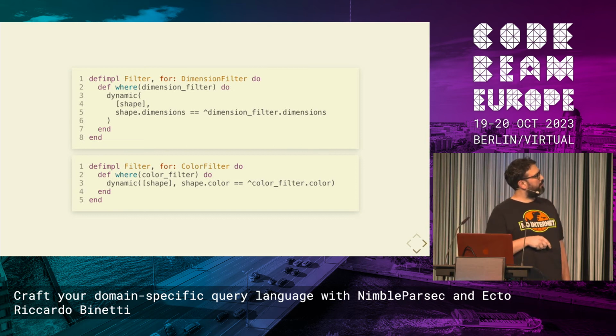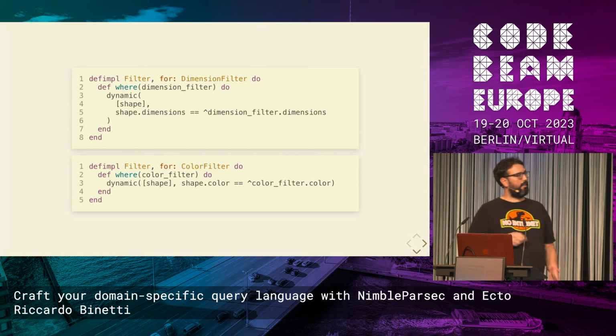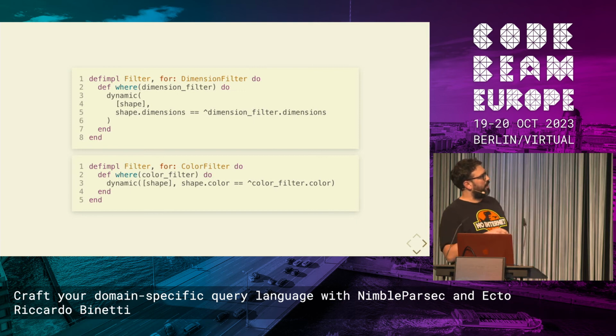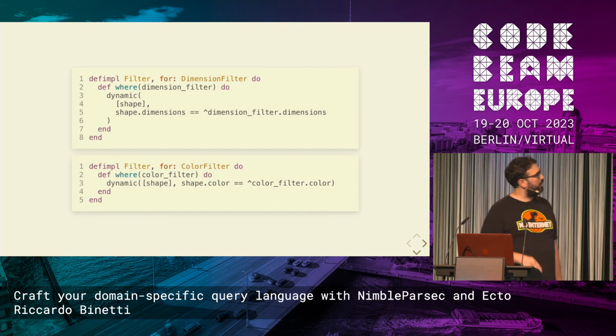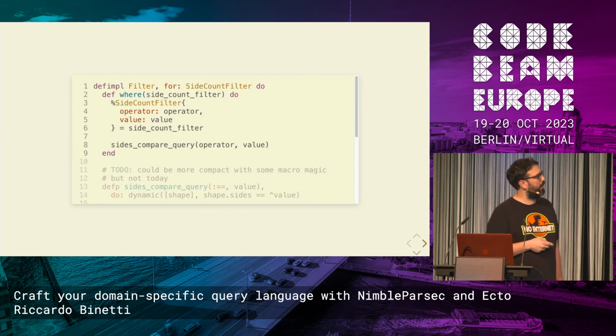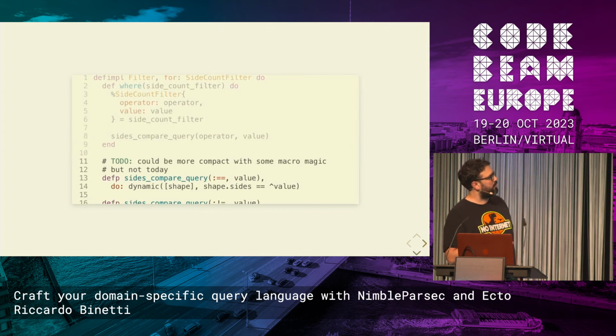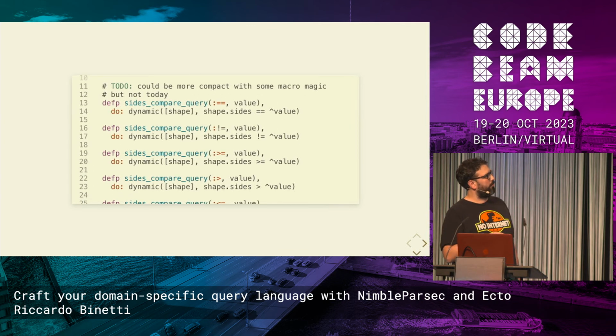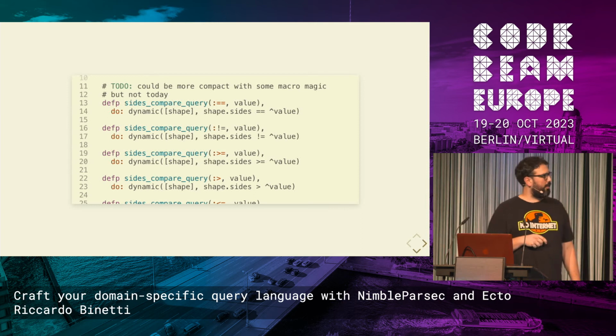So for dimension filter and color filter, we are just basically outputting an equality dynamic query on the dimensions and color inside the struct. For the side count filter, we are doing something similar, but since we have different operators, we are pattern matching on the operator and emitting the correct dynamic query, or you could do it with a macro, but not today.